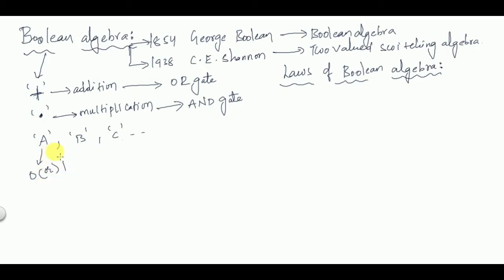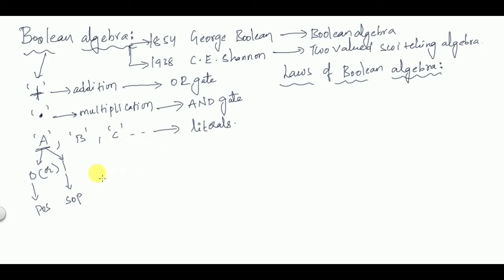If A is represented with 1, that is called the SOP form, and if A is represented by 0, it is called the POS form. Let us discuss this later. These representations are called literals.